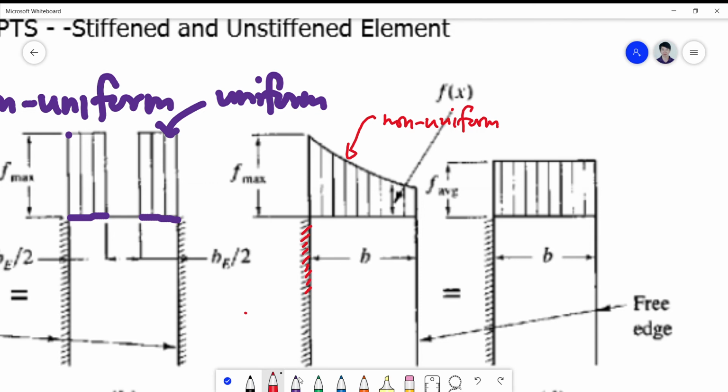So the stiffer the edge, the bigger the stress it will absorb.